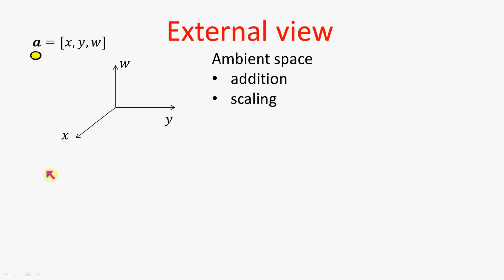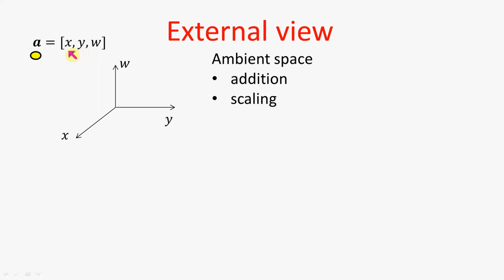When we deal with two-dimensional geometry, the ambient space is three-dimensional, and we have an extra coordinate in addition to the xy Cartesian coordinates, and this extra coordinate is w. I use w instead of z because in three-dimensional geometry we will have the Cartesian coordinates x, y, z, and w is added as an extra dimension.